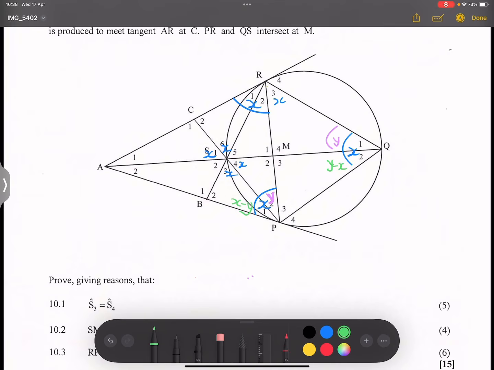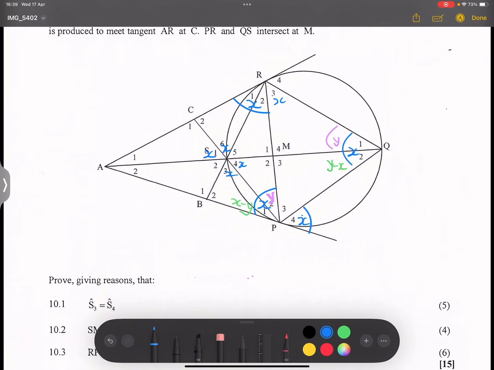Okay, so if I go into triangle APQ. Now remember, what was this angle here? This would also be equal to x. Remember, that's the tan-chord theorem, isn't it? So I've got y minus x.